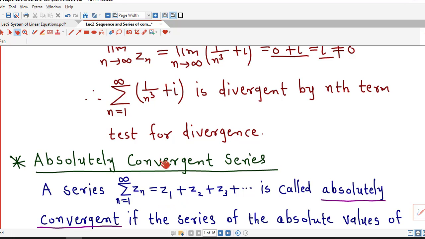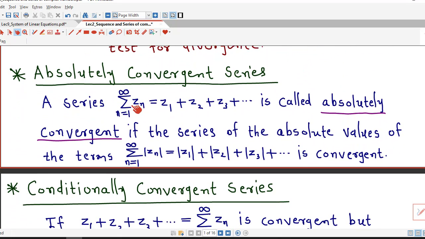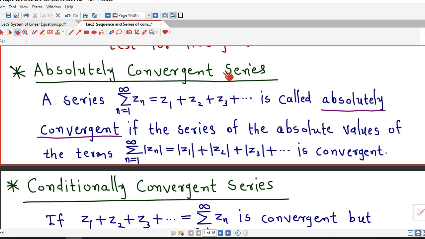So now before discussing one more test for convergence, we understand two definitions which are required in that test. The first definition is absolutely convergent series. The definition is the same as in the case of series of real numbers. Suppose we have this complex series sigma zn equal to z1 plus z2 plus z3. This series is called absolutely convergent if the series of the absolute values of the terms, which is absolute value of z1 plus absolute value of z2 plus absolute value of z3, is convergent.